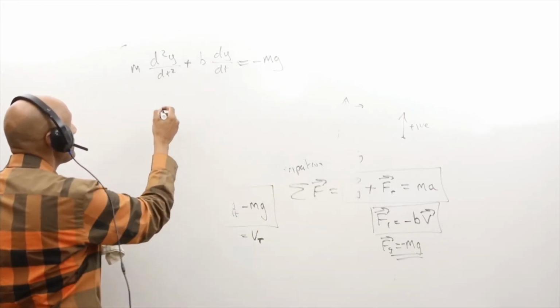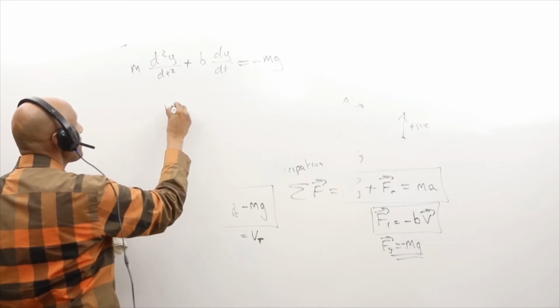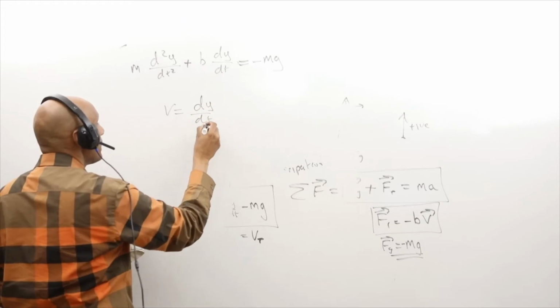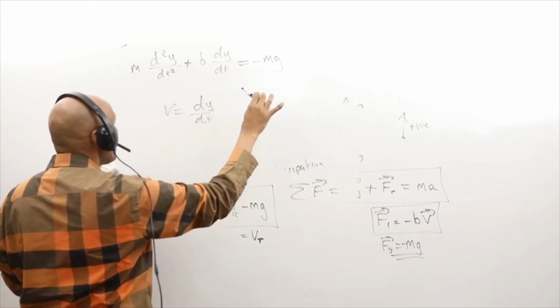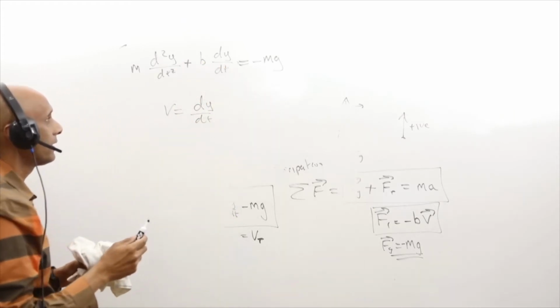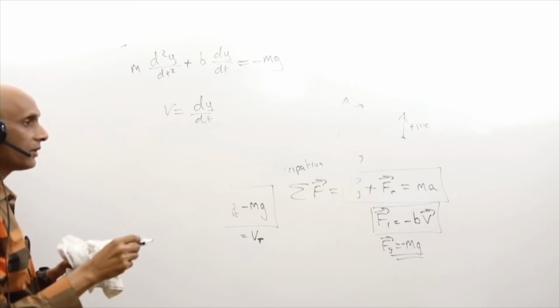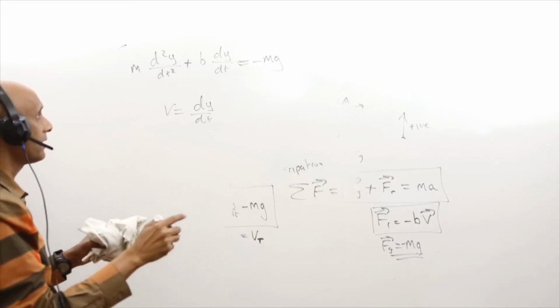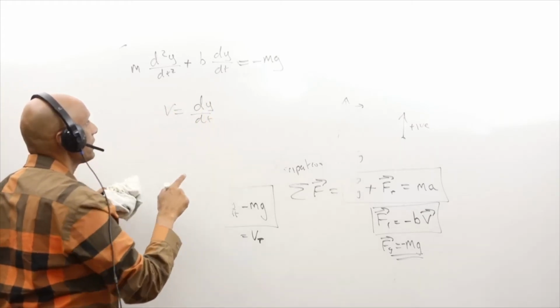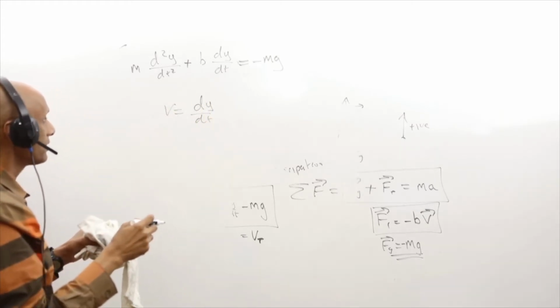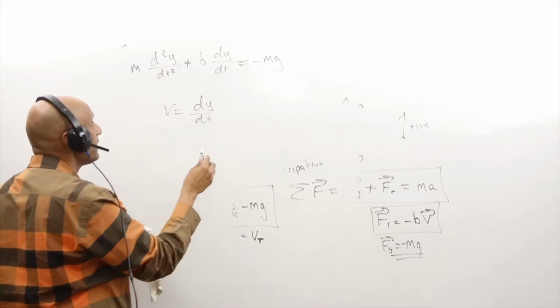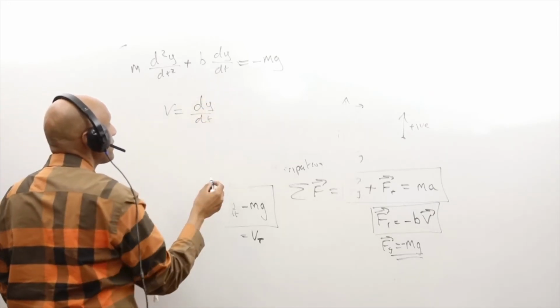So I'm going to rewrite this in a different way. Velocity is dy/dt. Again, we can solve this using a linear differential equation with constant coefficients, an inhomogeneous version, but I don't want to. Instead, I want to solve this in terms of velocities because I want to relate the value of b with the terminal velocity.